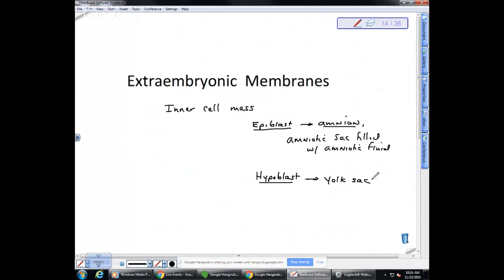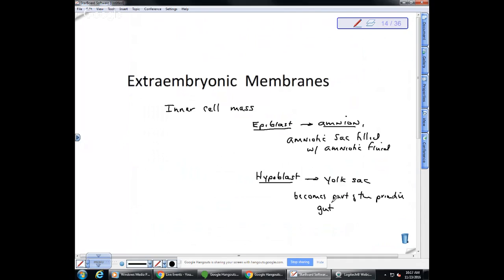So it actually serves other functions. It becomes part of the primitive gut in the embryo, the digestive tract.